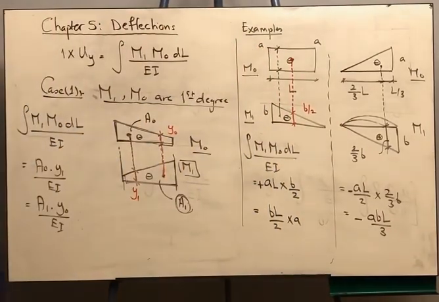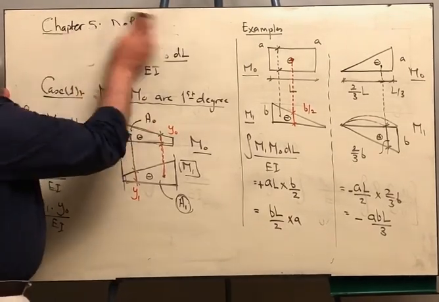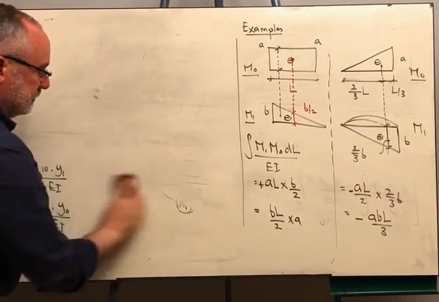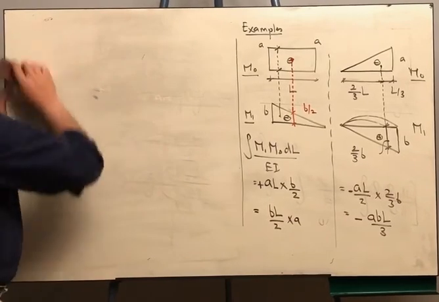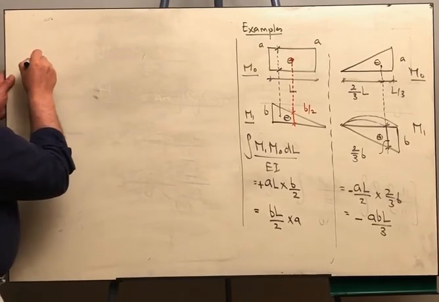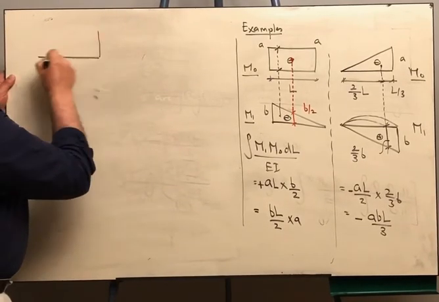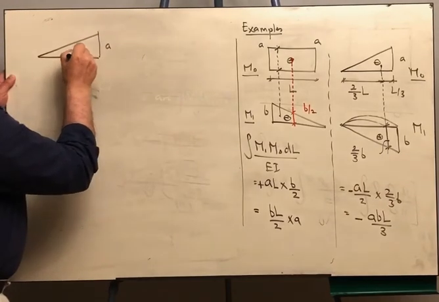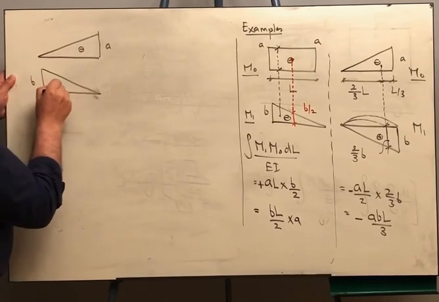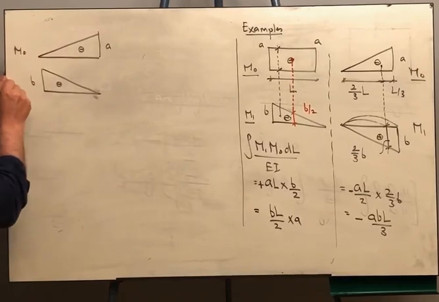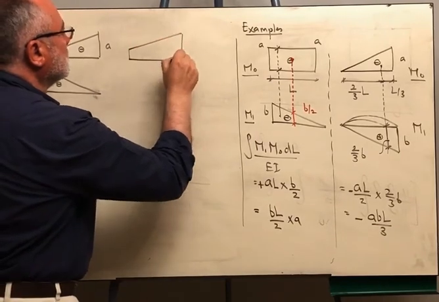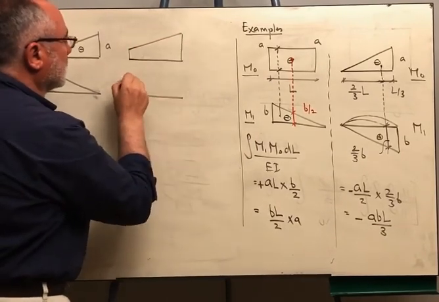Okay, let us have another two cases. If you are integrating a triangle like this on a triangle like that, this is M naught and this is M1, and we are integrating a trapezium on a triangle.